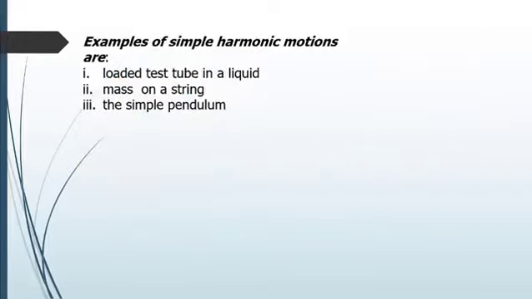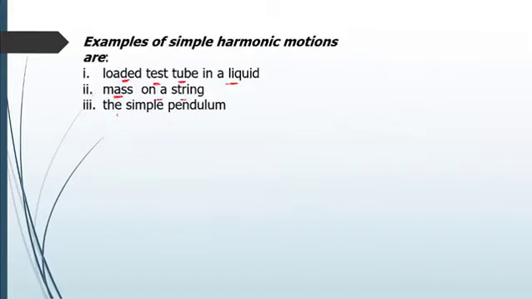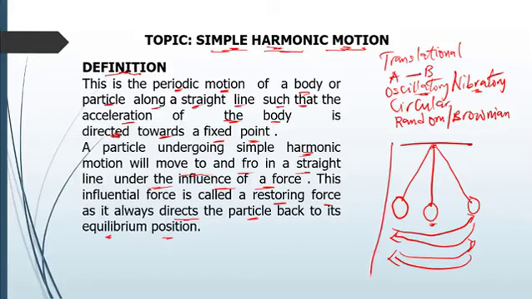We have many examples of simple harmonic motion. The first example is the loaded test tube in a liquid. The second example is the mass on a string, just like we showed you here. And the third example is the simple pendulum, which is what you're looking at here.